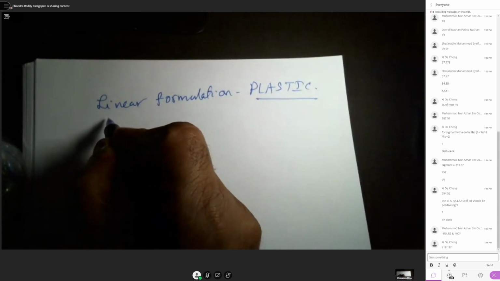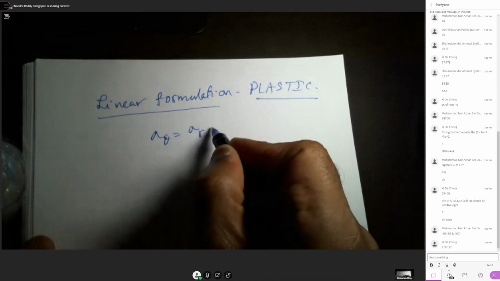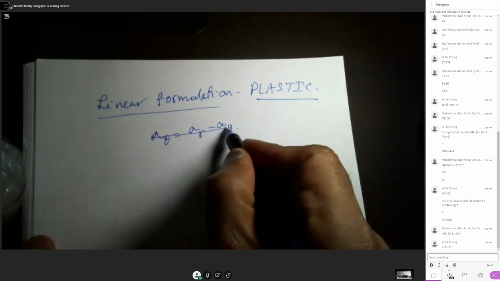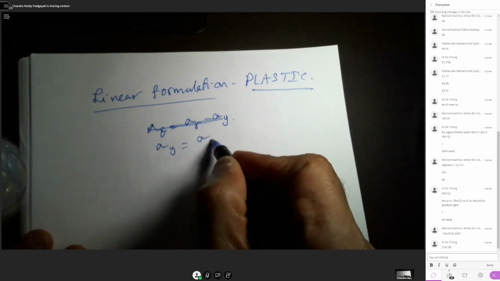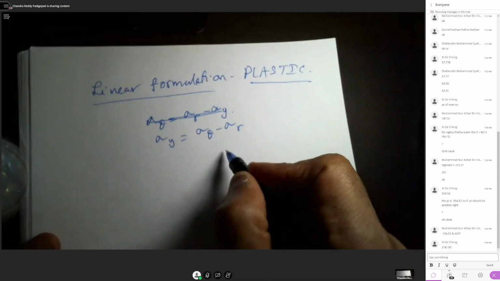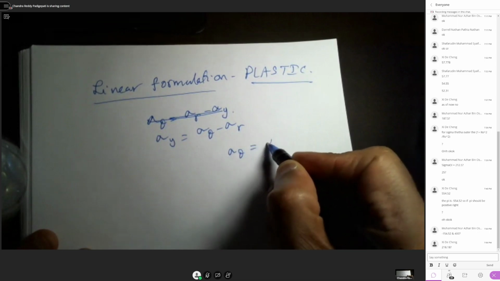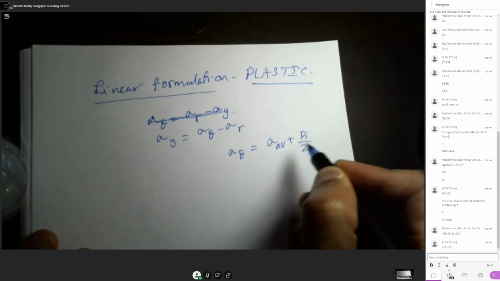So here again, we write the same thing. Sigma y is sigma theta minus sigma r. But sigma theta for plastic is sigma average plus pi over 2.